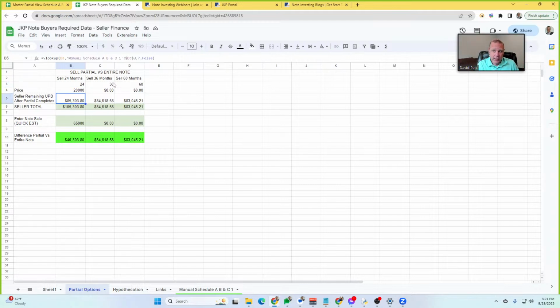In 36 months, the original borrower still owes 84. After 60 months, so on and so forth. So the seller of the note right now gets 20 grand, and they can continue to receive 85,000 plus the interest. Okay? Let me revert that back.